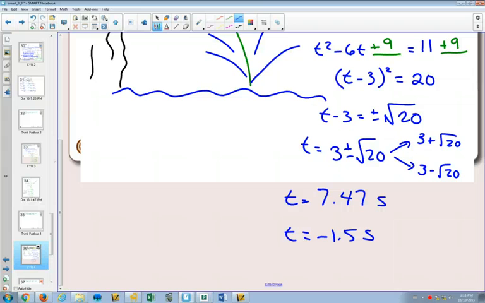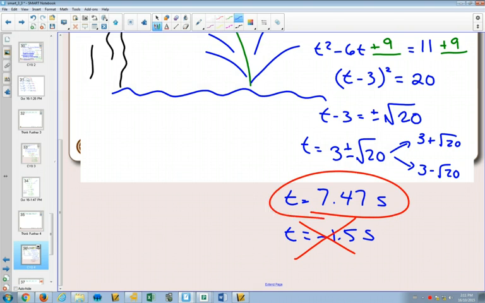Now this is a word problem, and in this one only one of these answers makes sense. I threw a stone off the edge of a cliff, and 1.5 seconds before I threw it, it hit the water. Yeah, this one doesn't make sense. So our only answer is this one.